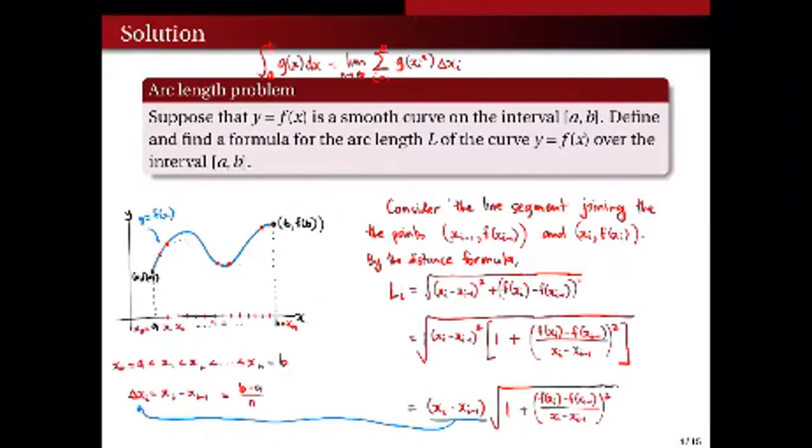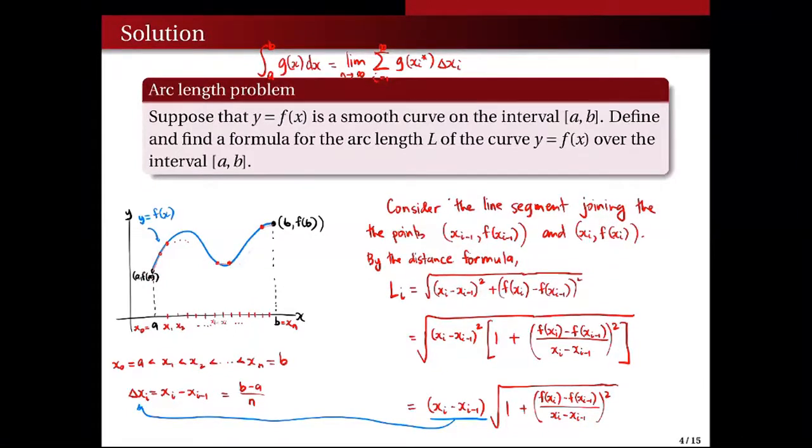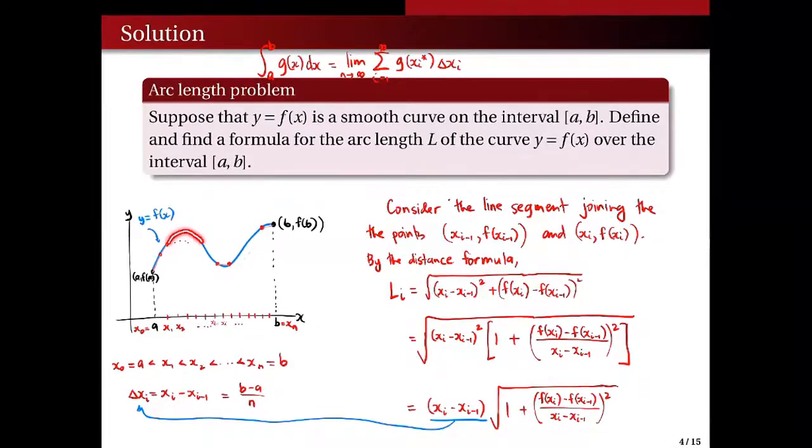It's just an approximation because again, this guy here is just a straight line. This guy is also a straight line. But the curve is not straight. There are some concavities there, concave up, concave down, etc. So the sum of these segment lengths will only approximate the arc length of this curve.